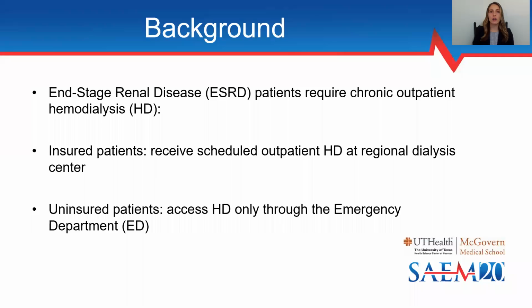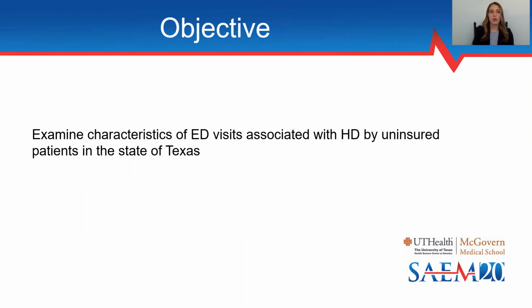However, for uninsured patients with ESRD, hemodialysis may only be available through the emergency department. So, our objective was to characterize emergency department visits associated with hemodialysis by uninsured patients in the state of Texas.